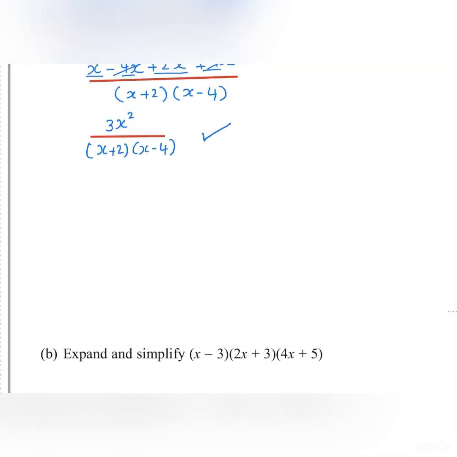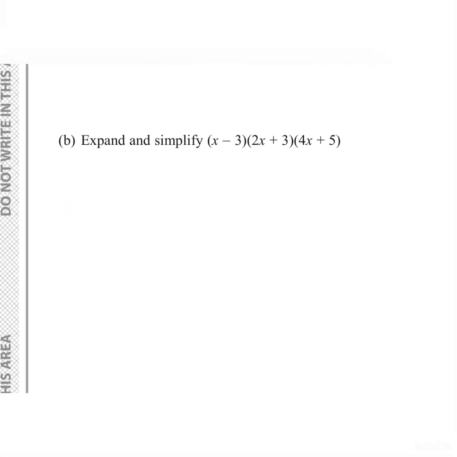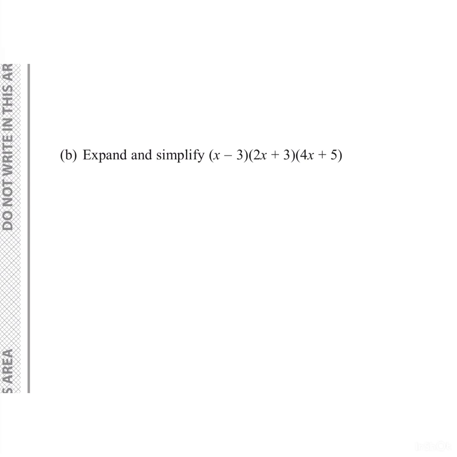Okay, so moving on to part B, and it says expand and simplify, and we're given 3 binomials, and you can multiply any of these brackets together and then multiply the answer by the third one.